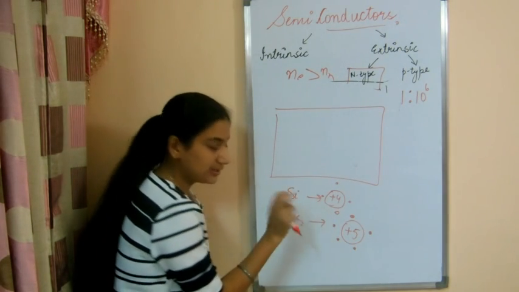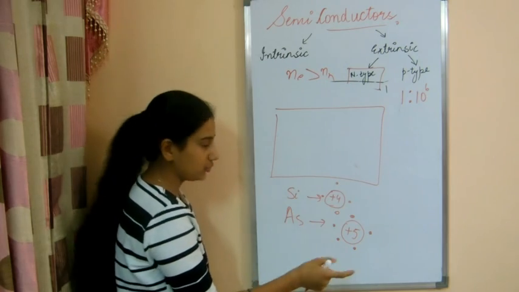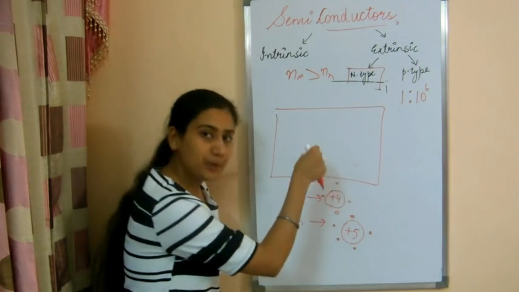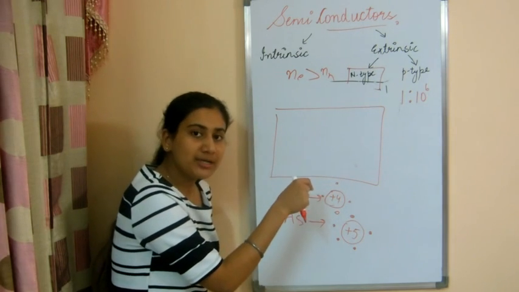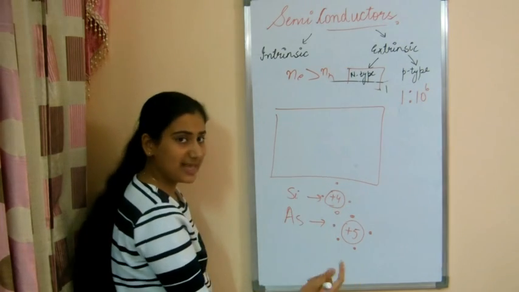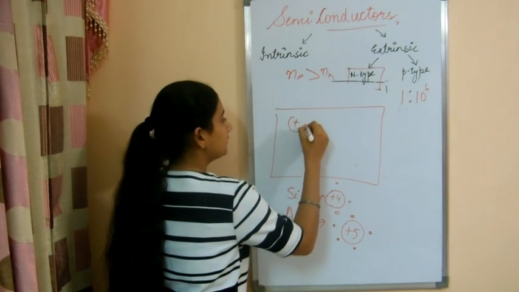So how do they differ? In the representation we will show that this is a silicon semiconductor, but it has an impurity in it, and that impurity is a donor atom, that is, this is an n-type semiconductor. For this I will represent it like this.